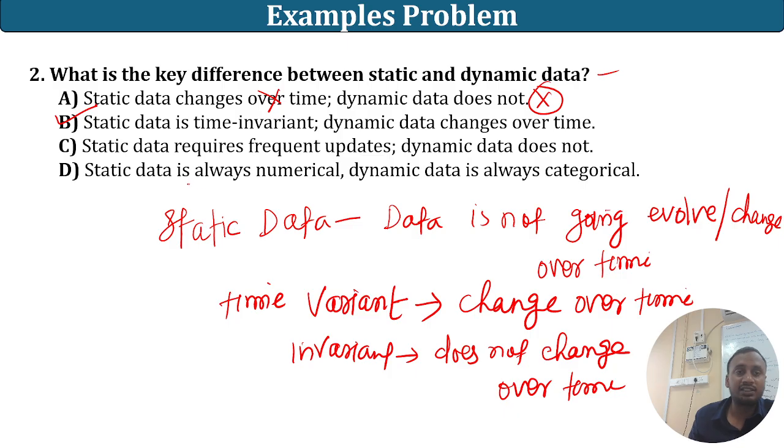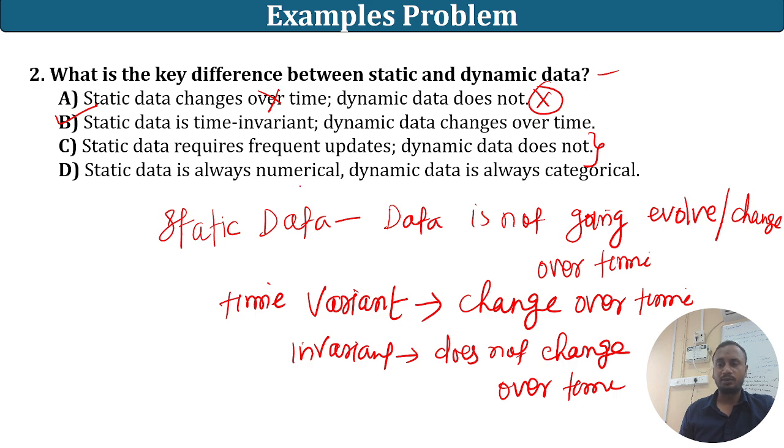Let's see the third option also. The data requires frequent updates. Okay, that may be required, or maybe not required, we can say. Static data is not related to time, and dynamic data is the one that requires updates. Static data is always numerical.